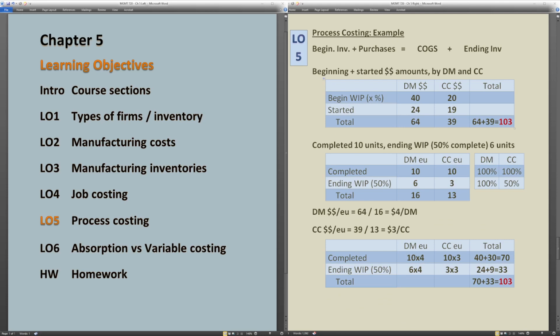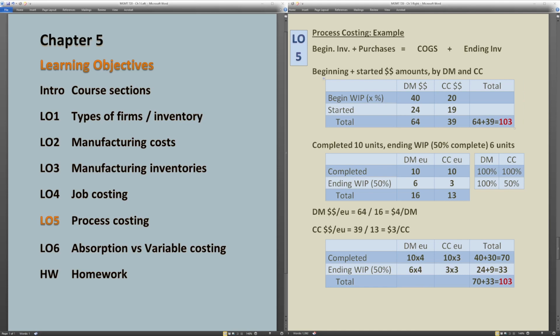So here's an example, and just to remind ourselves, what we're trying to do is take the dollars we know from beginning inventory and purchases and transfer those over proportionally to the COGS and ending inventory. Even though I've set them up in tables, sometimes the information comes in tables, sometimes it comes in sentences, but you can always put them in these couple of tables.